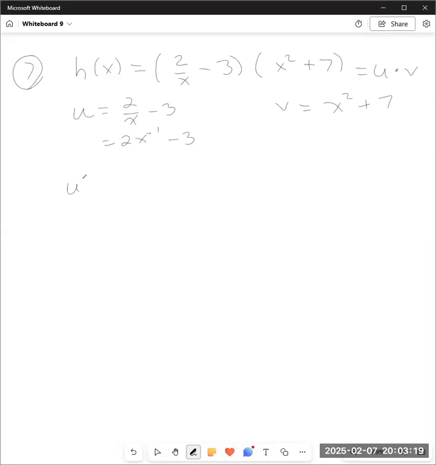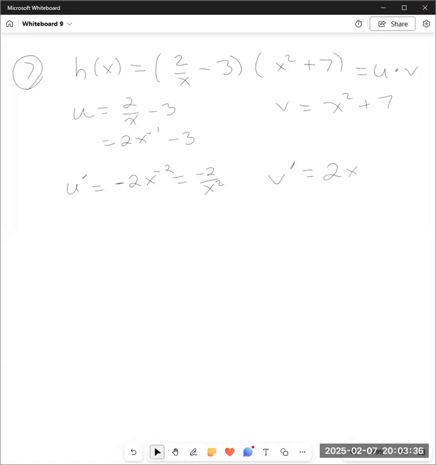So u prime is equal to negative 2x to the negative second, which is the same thing as negative 2 over x squared. v prime is equal to 2x.